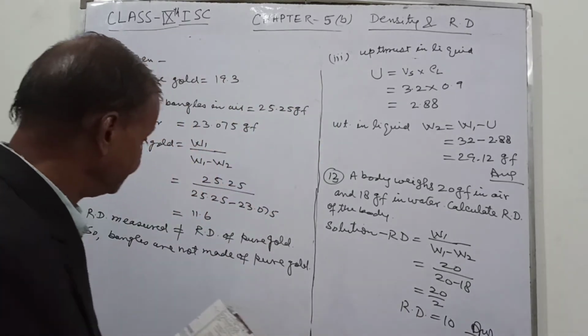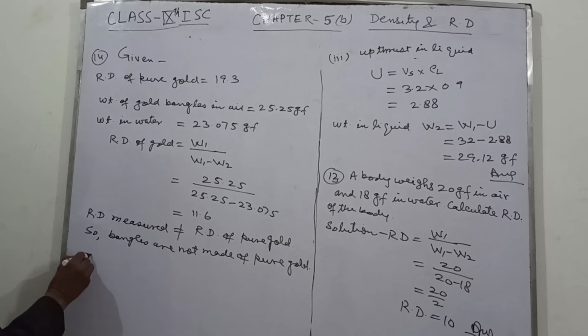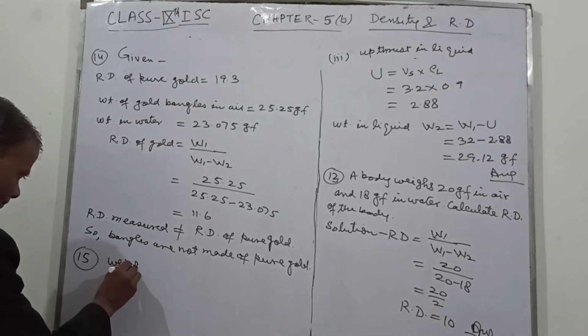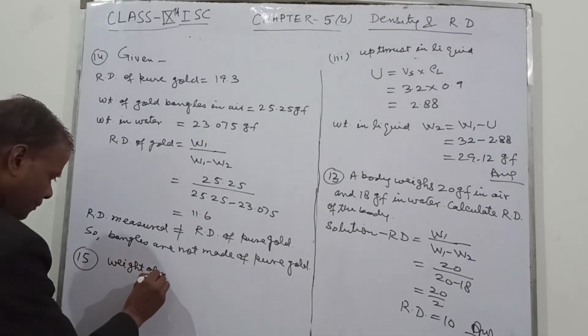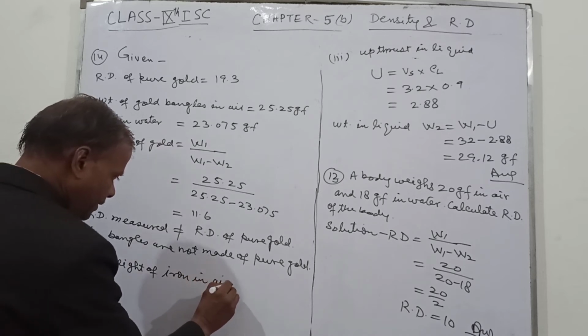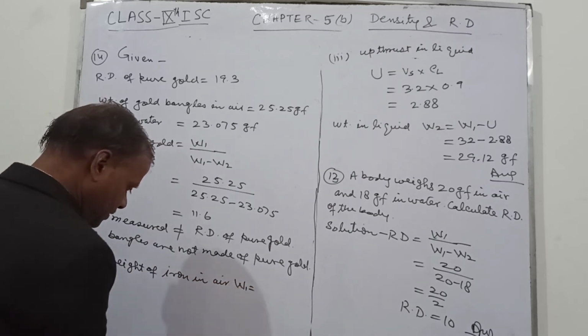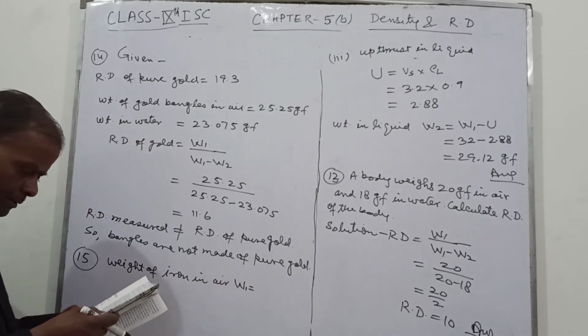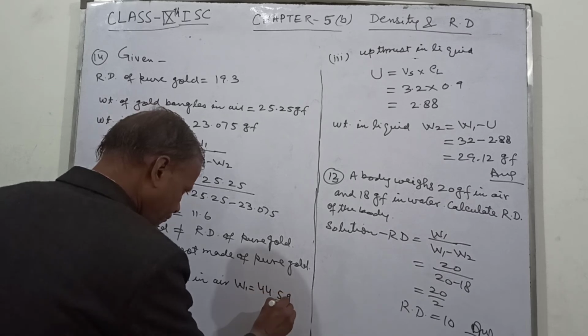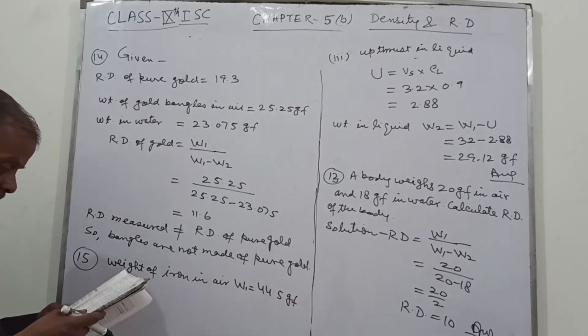You are given question number 15. A piece of iron weighs so much gram in air. Weight of iron in air, W1, is equal to 44.5 gram force.